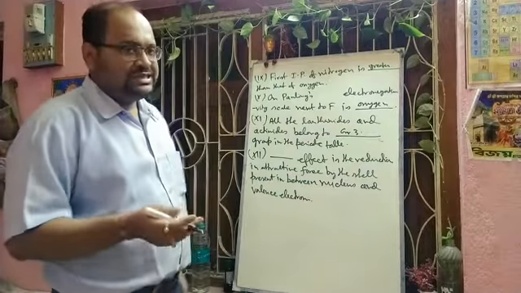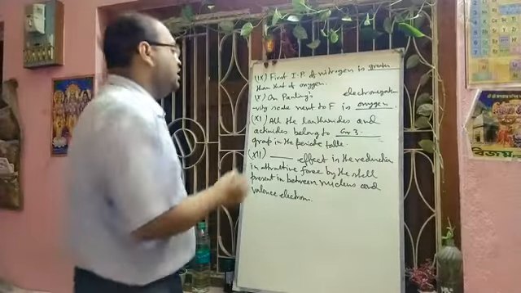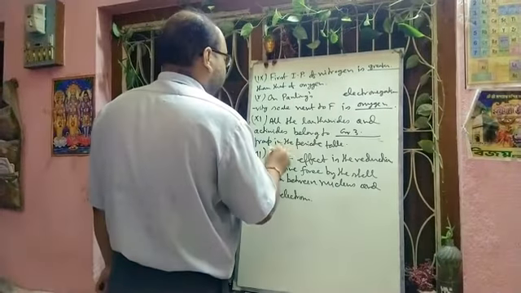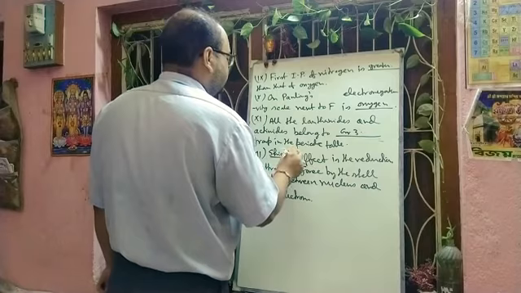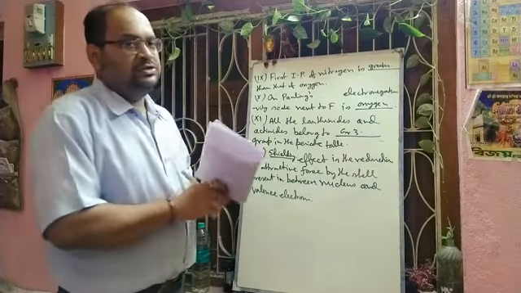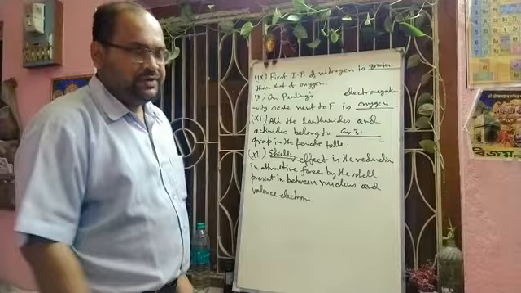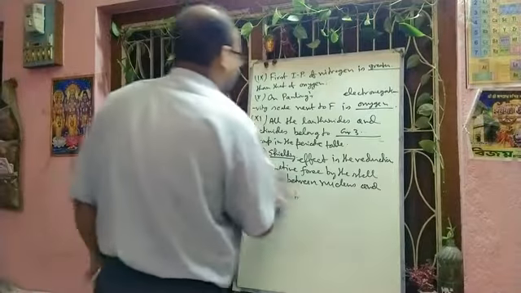Okay, you know that screening effect or shielding effect, so you have to write shielding effect or screening effect. So these questions I have discussed from the periodic properties, okay, in this chapter 3.